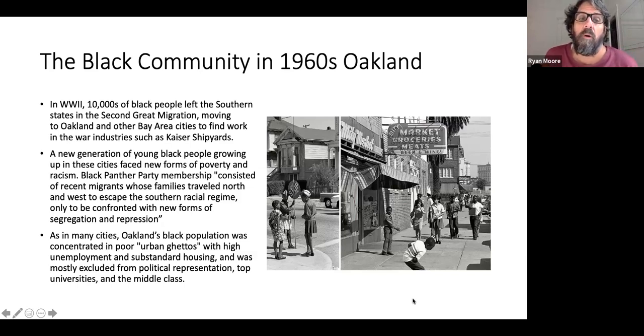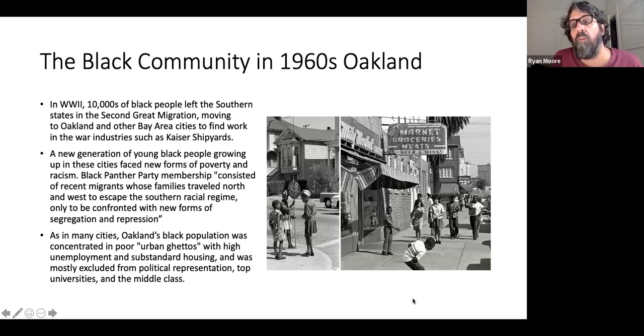And so a new generation of young Black people growing up in these cities faced new forms of poverty and racism. In particular, the Black Panther Party membership, quote, consisted of recent migrants whose families traveled north and west to escape the Southern racial regime, only to be confronted with new forms of segregation and repression.